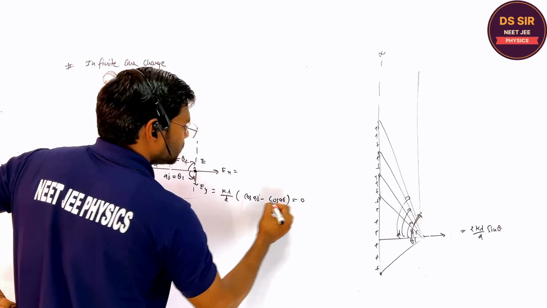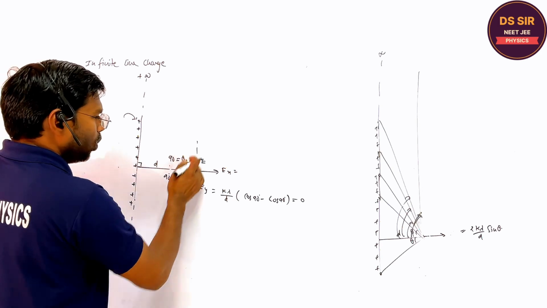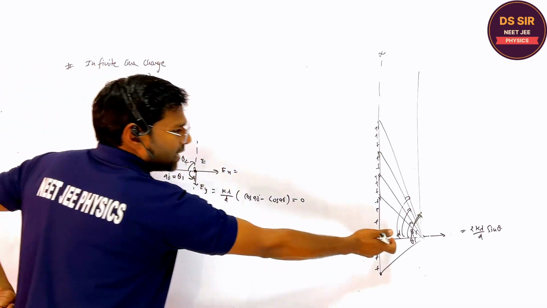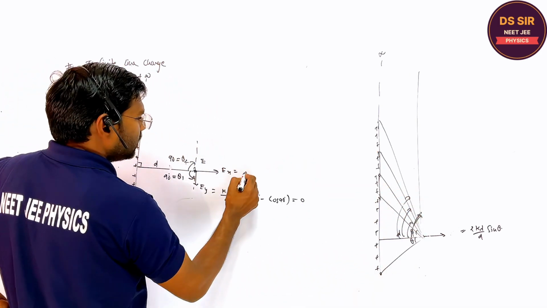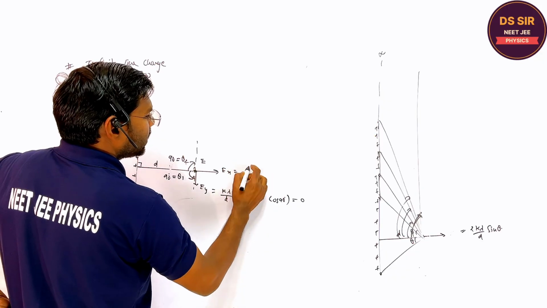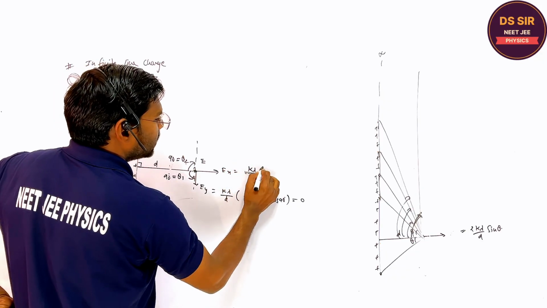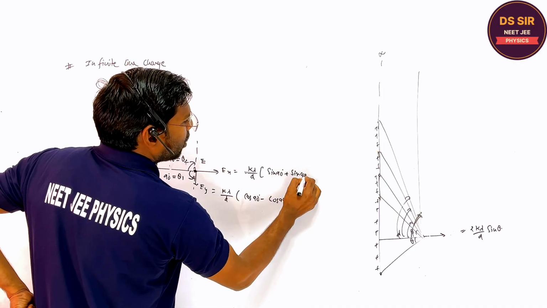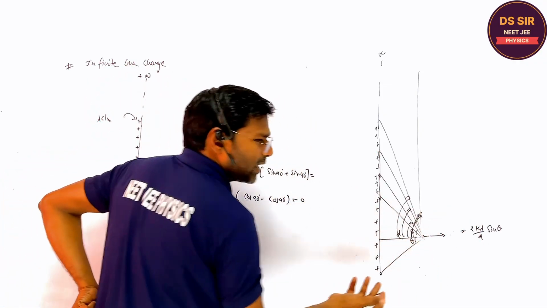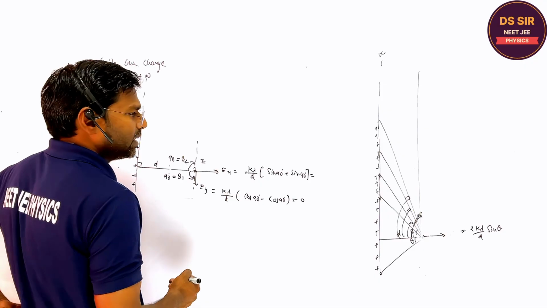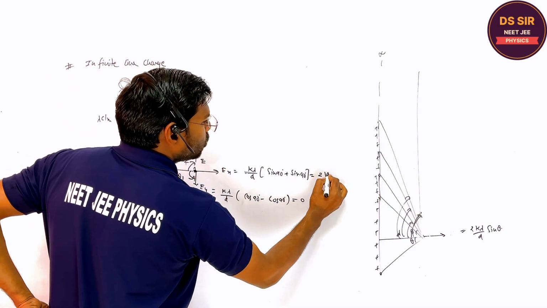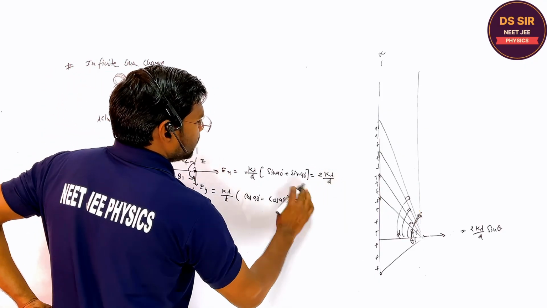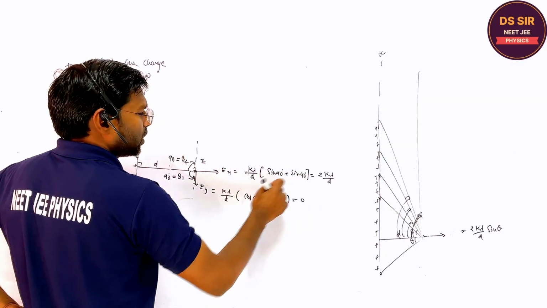So it is 0. So no Ey, only Ex. This is symmetric, so k lambda upon d times sine 90 plus sine 90, or 2k upon d into sine 90. So it becomes 2k lambda upon d, since sine 90 is 1, 1 plus 1, 2k lambda upon d.